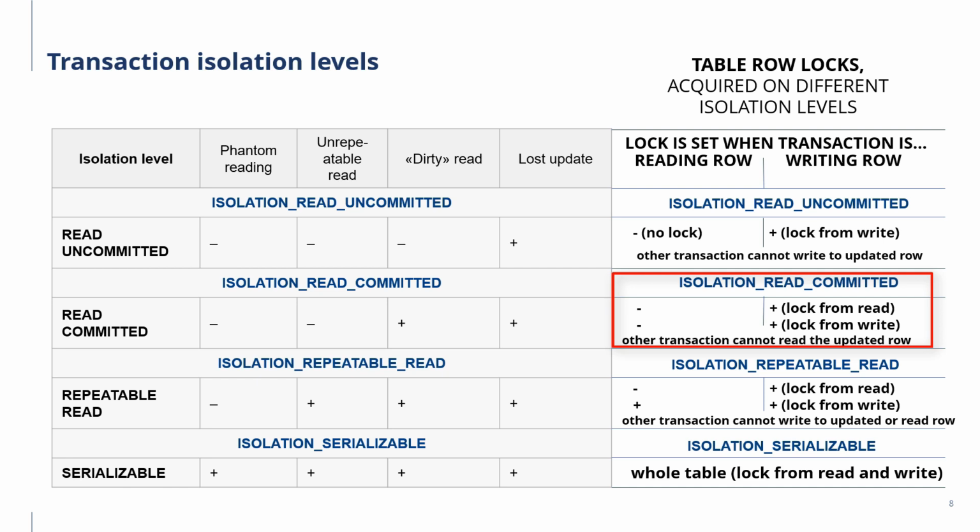So it is only after having committed from the first transaction that we can read or write from the second transaction. This way we avoid both the lost update and the dirty read problems.